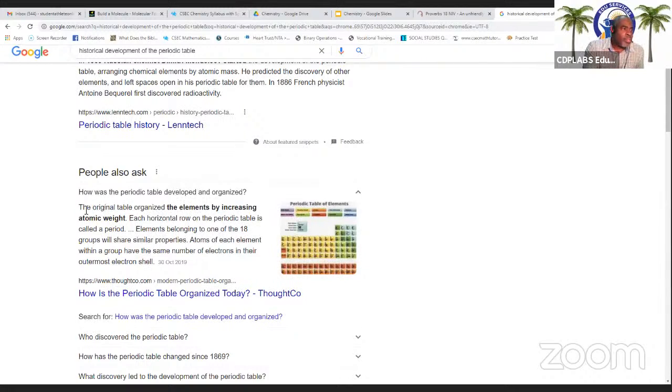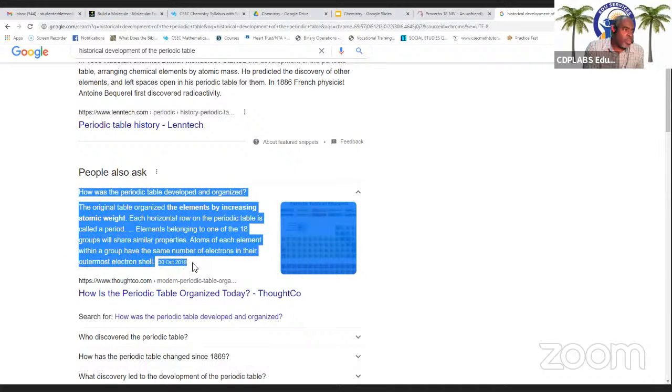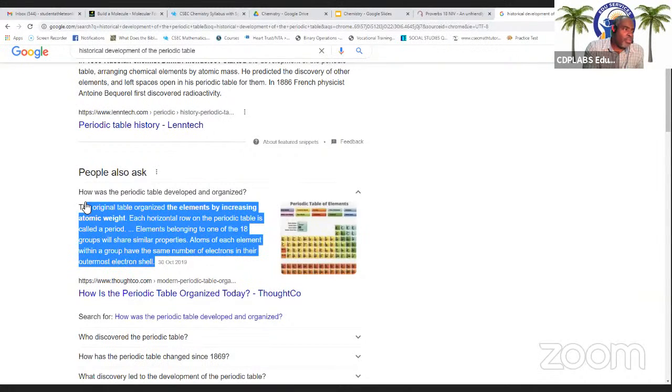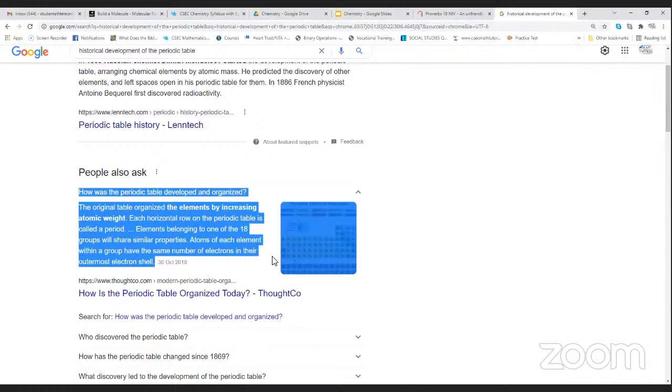How was the periodic table developed and organized? The original table organized the elements by increasing atomic weight.